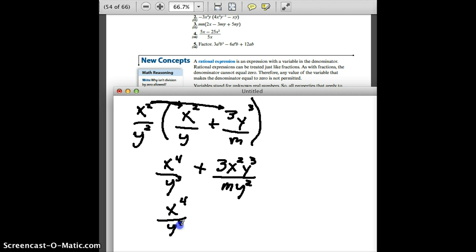So everything else stays the same. 3x squared, and remember what you would do is you would subtract exponents. So that's a 3 minus 2, leaving you with just y, or y to the 1. We don't need to put a 1 there, and that's the simplified answer.